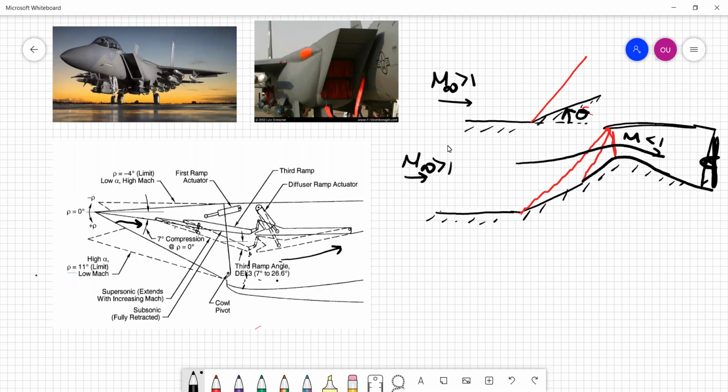So the aircraft can operate in a wide range of supersonic speeds. The top part is also movable in the F-15 design. This dashed line is for low angle of attack operation, when the aircraft is operating at low alpha, but at high alpha, it tilts this inlet towards here to operate at high angles of attack and catch the mass flow rate of air that is needed by the engine.